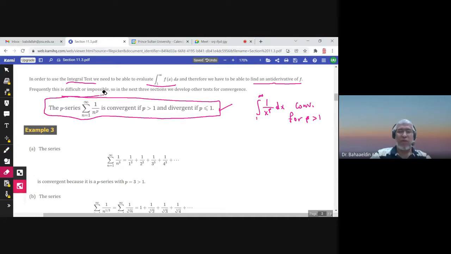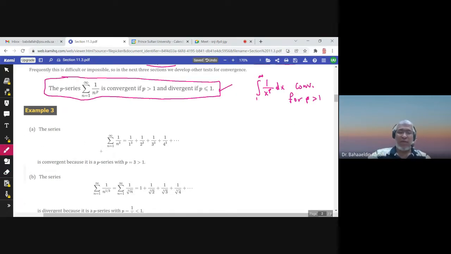So it is okay to say, when we ask about this series, 1 over n cubed, that this is a p series with p equals 3 greater than 1. So it is convergent, just like this.